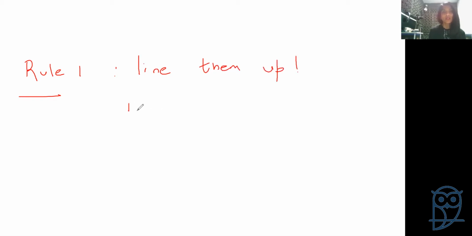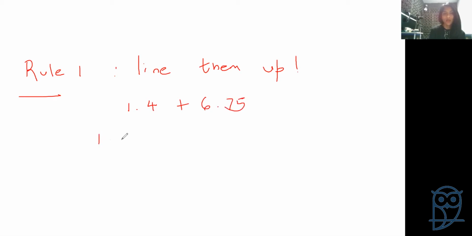Now, what are some of the rules we can apply when we're working with decimal numbers? Firstly, guys, rule number 1: we always line them up. What do I mean when I say line them up? If I had to add 1.4 plus 6.75, I always have to line it up.